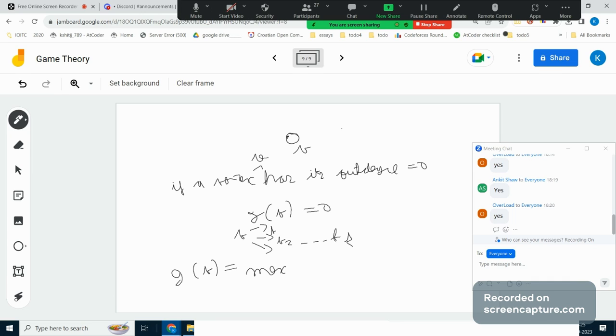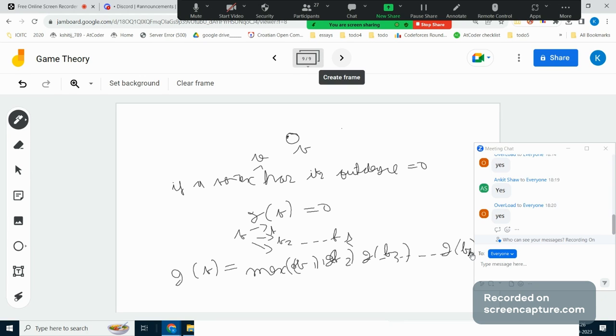So this will be the mex of G of B1, G of B2, G of B3 and so on till G of Bk. So now we take the values of G of all the vertices leading out of that vertex, and we take the mex value.